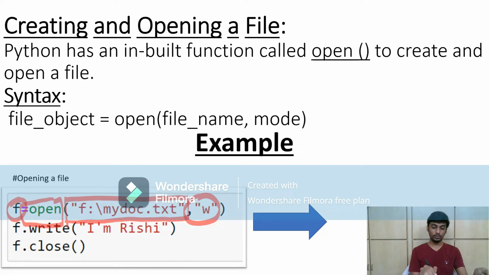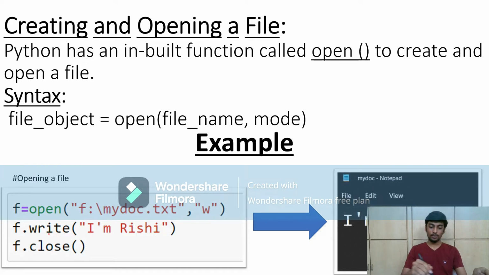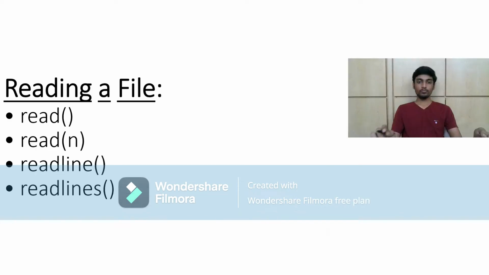The access mode that we are using here is write. In the text I am giving, "I am Rishi." f.close(), we will be discussing in the last slide, and after this, in the document we have saved, we will get the text.